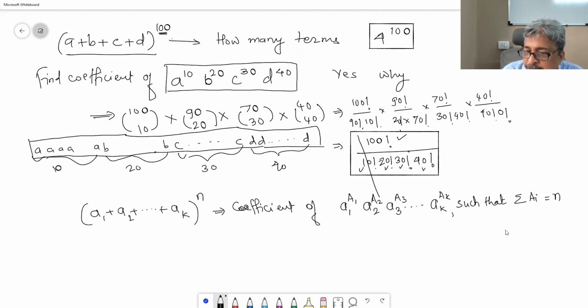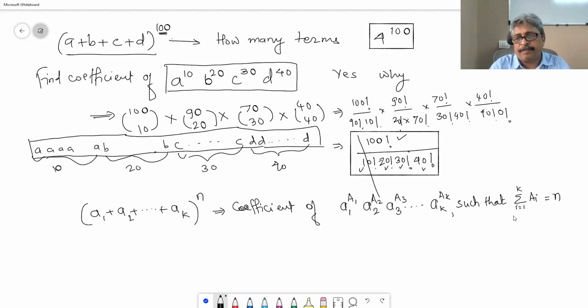Sigma means add, αi means 1, 2, 3, 4. I am not even writing the index here; in fact, i goes from 1 to k. All these indices must add up to n.